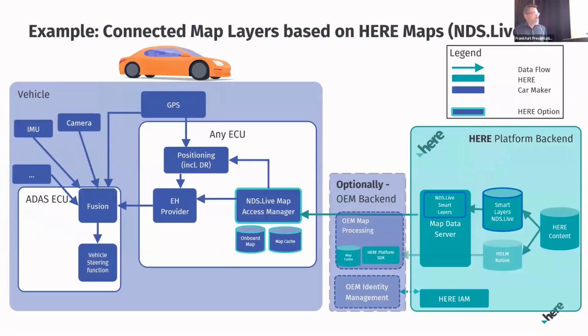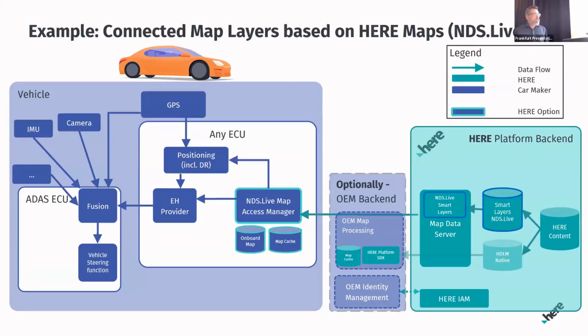And how do we do that? The technology stack is presented here. On our side, on the HERE side, we operate the HERE platform backend, which is our state-of-the-art technology. Within this box, our NDS.Live map compiler runs and provides NDS.Live maps.